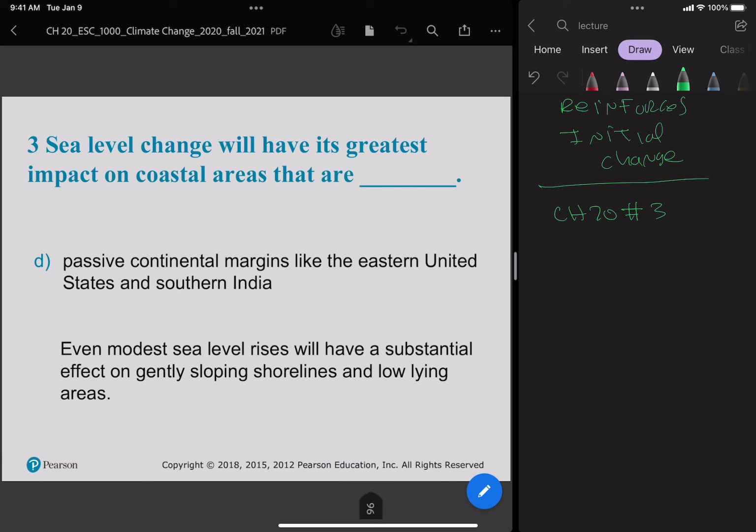Sea level is going to affect coastal areas that are going to be under, so that's going to be D. Basically low-lying flat coasts, and these are called passive continental margins.